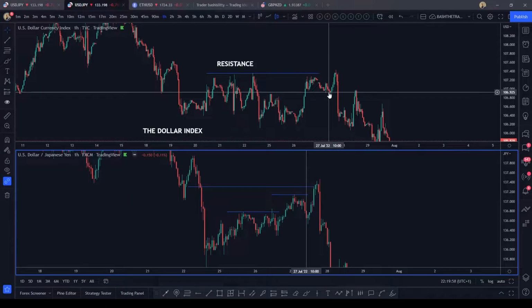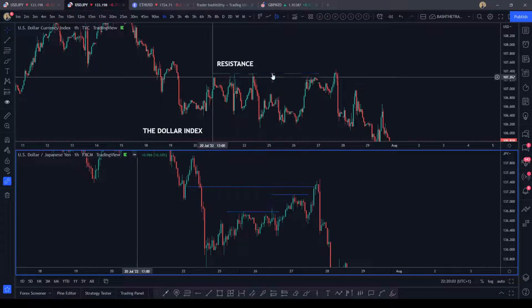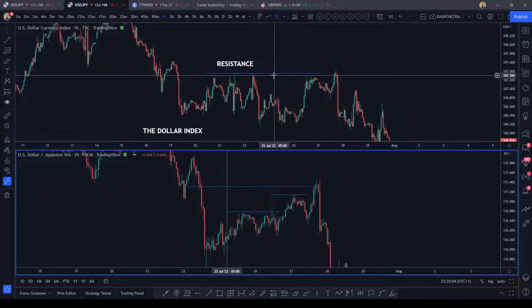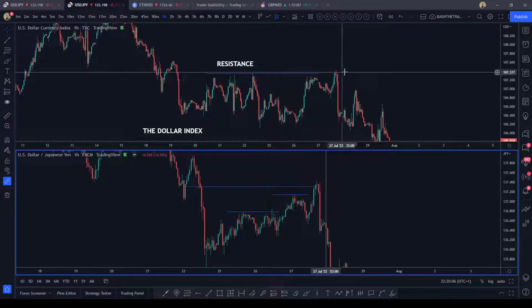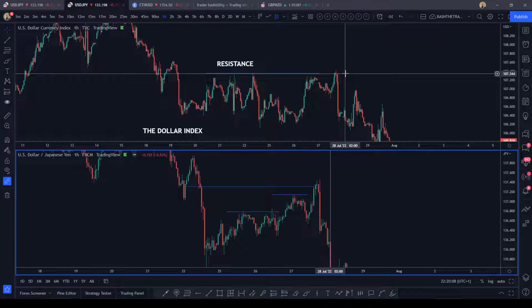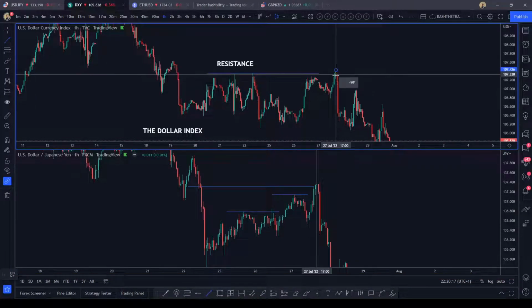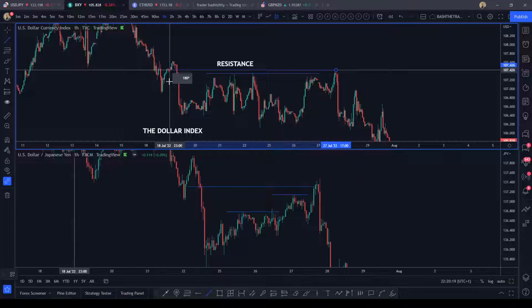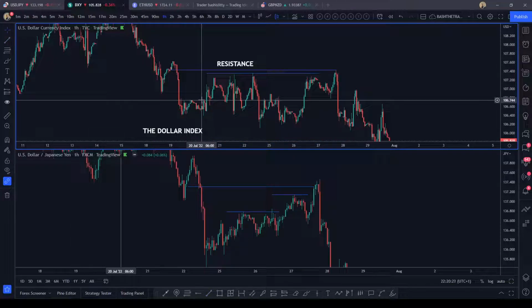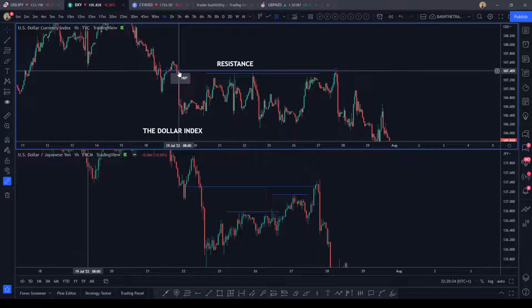So I went to look into the dollar index, and I found a lot of resistance, and I knew that the price was going to drop from this area. If you mark the top of that resistance on the dollar index, you would see that there was a supply at the top.